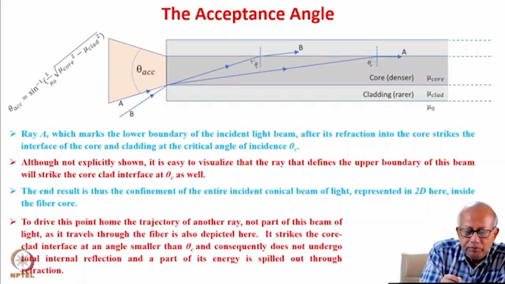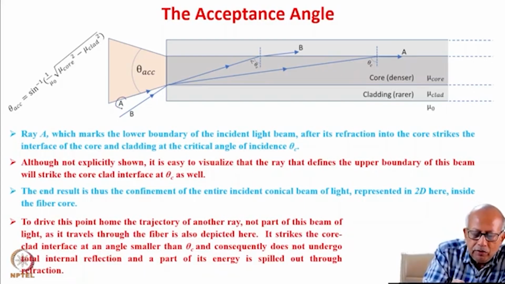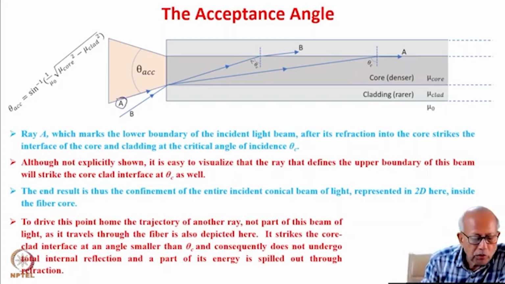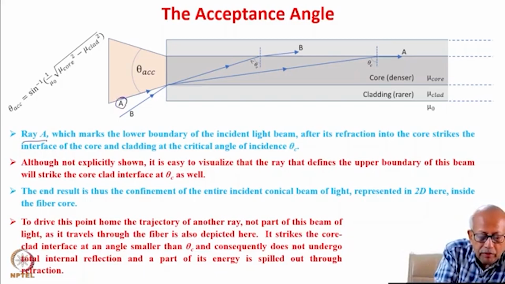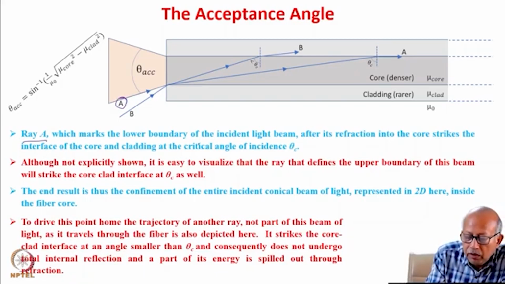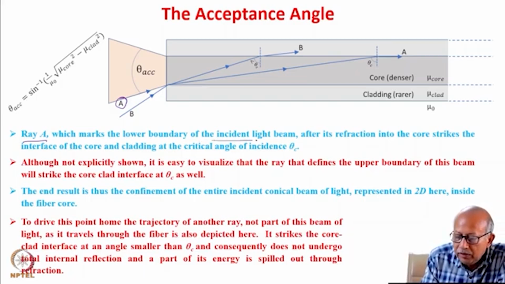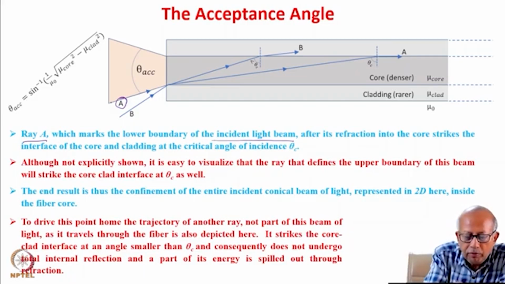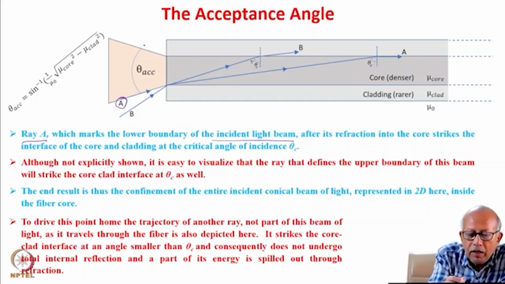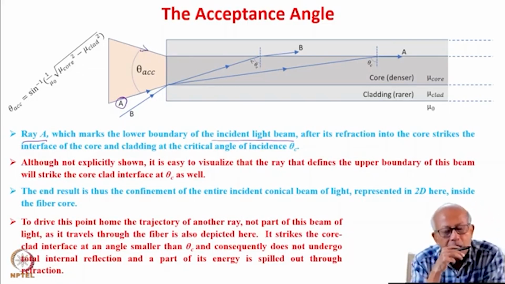Let us pick up a ray, which we call ray A, which marks the lower boundary of the incident light beam. This is the lower boundary of the incident light beam, and this ray is the upper boundary of the incident light beam.